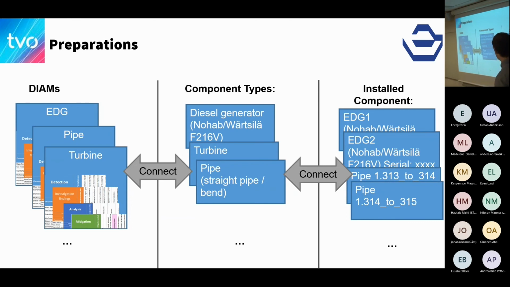These are just indications that there would be a collection of these in the database, and they would be specific to each plant and each site.